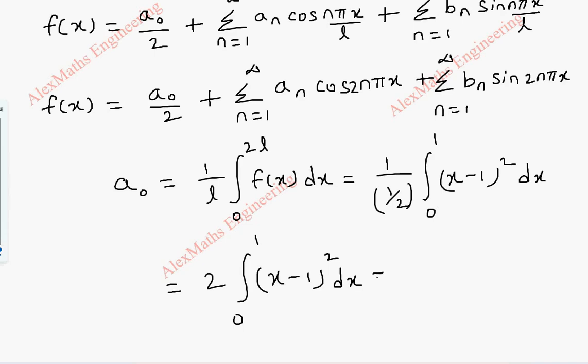Now this 2 will be taken to the numerator, so 2 integral 0 to 1 x minus 1 whole square dx, and this is 2 x minus 1 whole cube by 3, and we have a limit from 0 to 1.